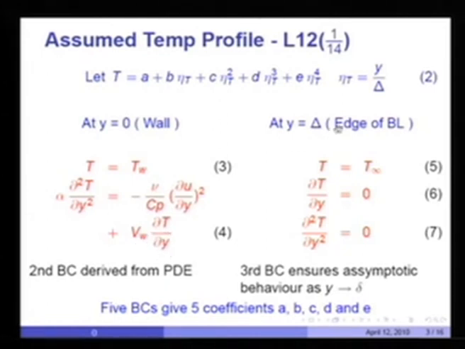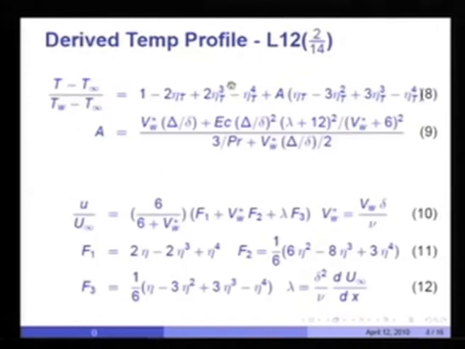At the edge of the thermal boundary layer, T will equal T infinity, of course, the temperature derivative will be 0, and the fact that temperature approaches T infinity asymptotically would entail that d 2 T by dy square should also be 0. So, we have 5 boundary conditions and 5 constants a, b, c, d and e to determine. Here is the temperature profile as it looks.